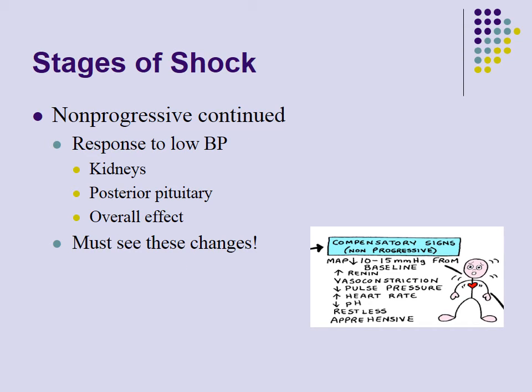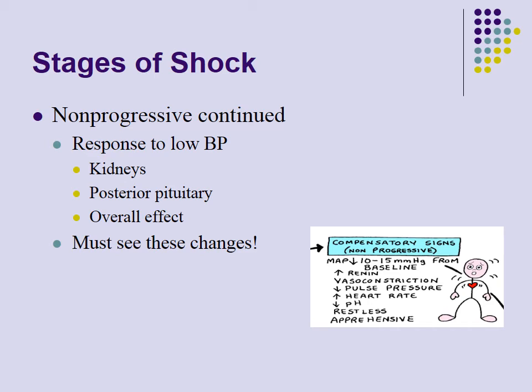But what is our response? What is our body responding? What is it doing to try and fix this as that MAP drops more and more? Well, our body is going to sense that the blood pressure has dropped, and so the kidneys are going to trigger the renin-angiotensin system. So remember, you studied this in fundamentals, how once that system is triggered, we're going to retain urine output, so we won't be urinating as much.